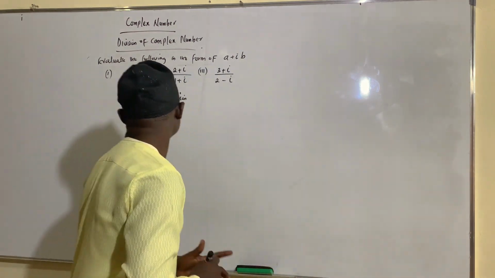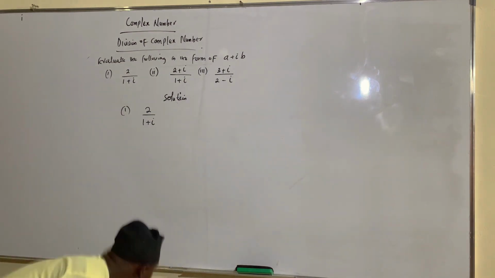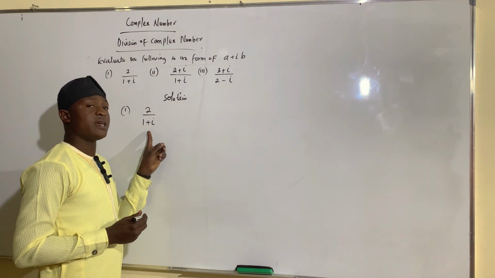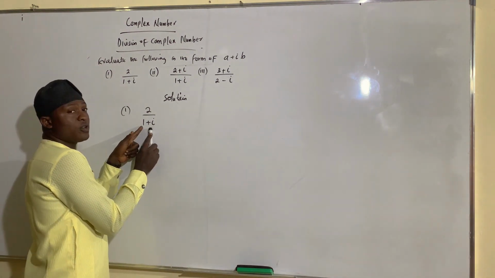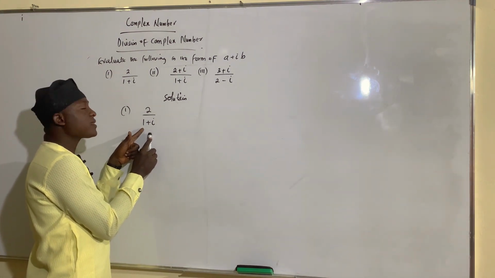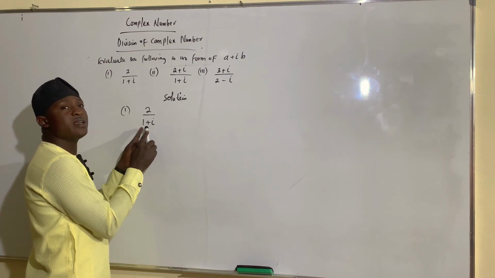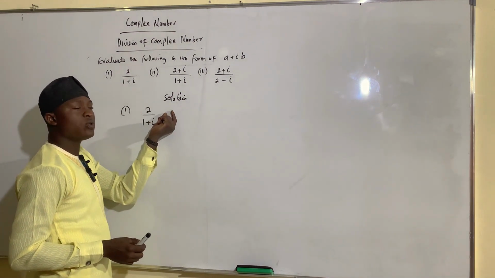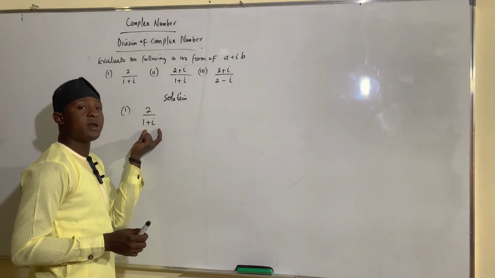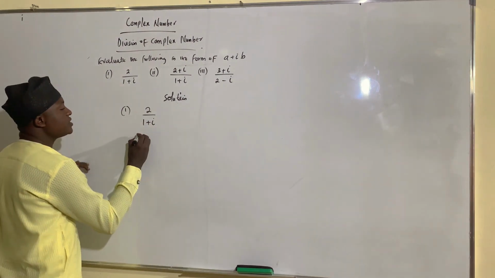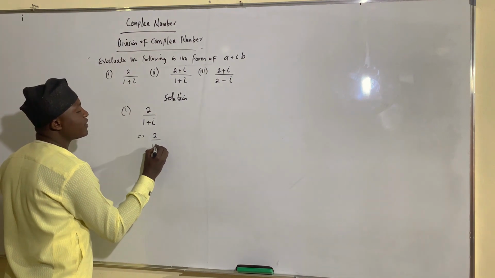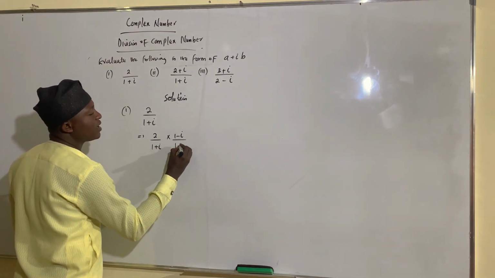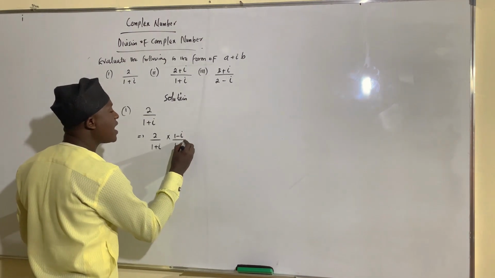The conjugate of 1 plus i is going to be 1 minus i. That value I will use to multiply the numerator, and at the same time multiply the denominator. So this becomes 2 over 1 plus i multiplied by 1 minus i over 1 minus i.